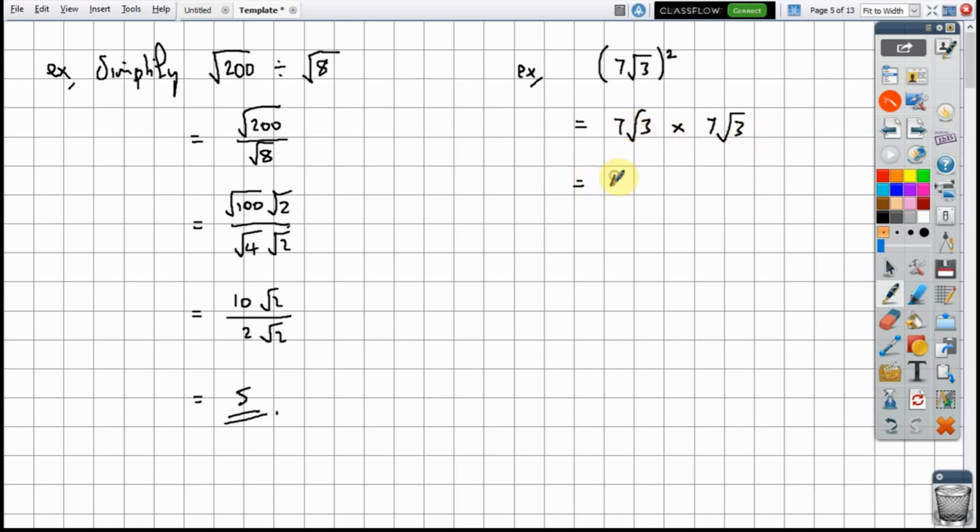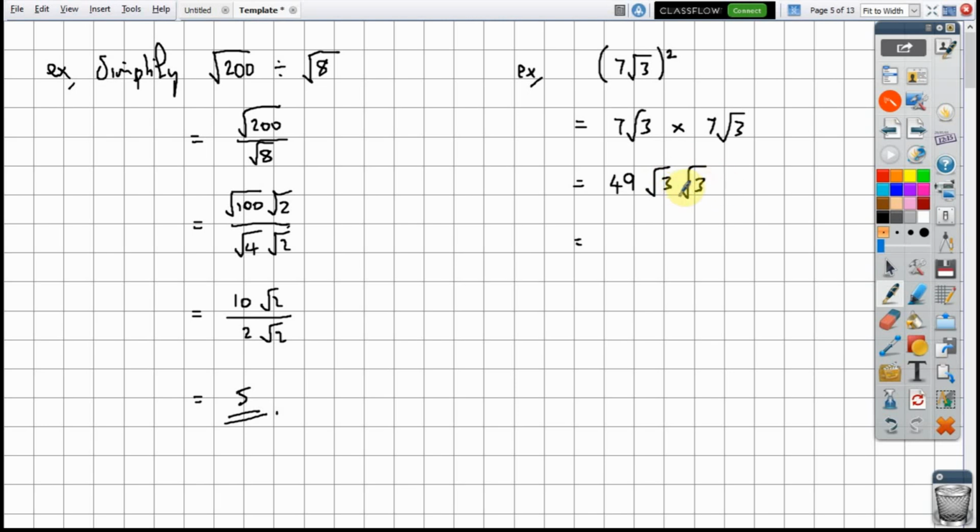So what we have, if we just juggle it around a little bit, is 49 root 3 root 3. Now we saw in a previous example that the square root of 2 times the square root of 2 was just 2. By exactly the same reasoning, this makes 3.